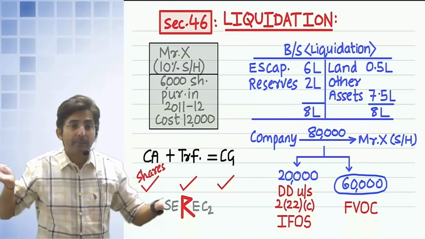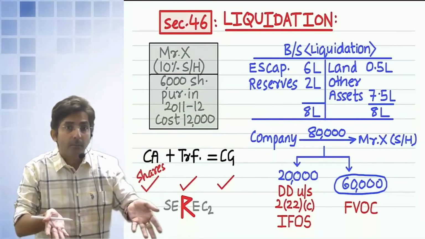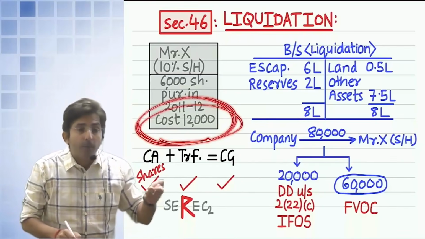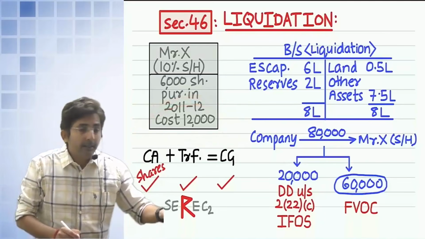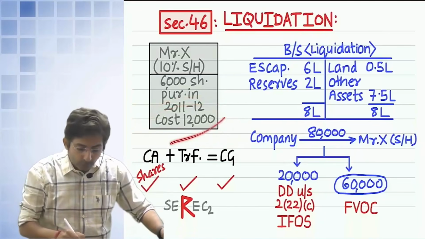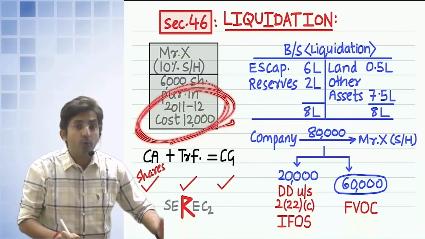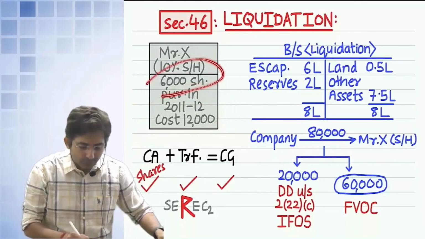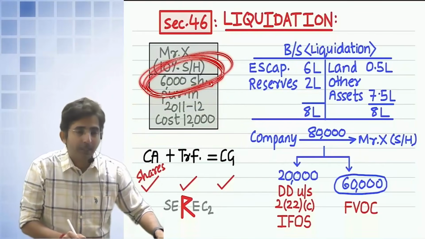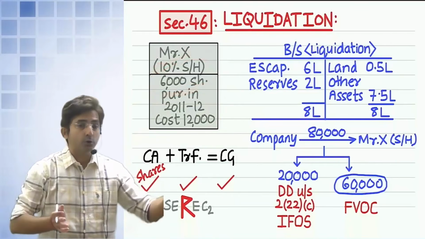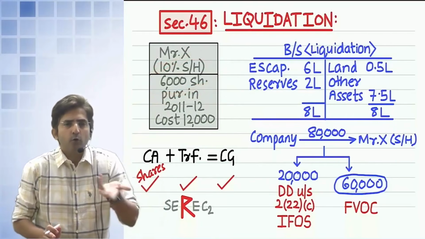You know why it is happening that you invested 12 but you received 60? Because you might have purchased the shares from the open market, and maybe in the stock exchange the prices were low when you acquired. Assume you acquired for 2 rupees per share. 6,000 was the number of shares, so multiplied by 2 comes to how much? 12,000. So it is quite possible that in the stock exchange, shares were available for 2 rupees.